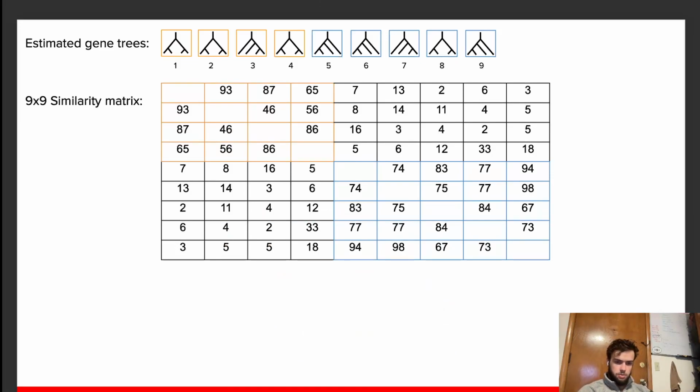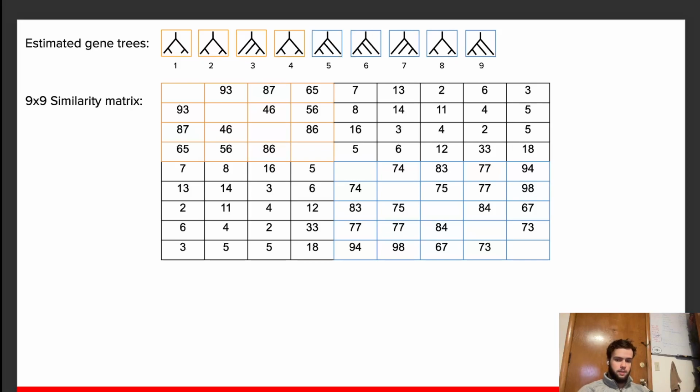So in this case, this would be something of an ideal outcome where we see the first 4 rows and columns correspond to gene trees that have horizontal signal, and the last 5 correspond to gene trees that do not. And so the top left 4x4 quadrant is all high numbers, and the bottom right 5x5 quadrant is all high numbers, whereas the other 2 quadrants are all very low numbers in comparison.